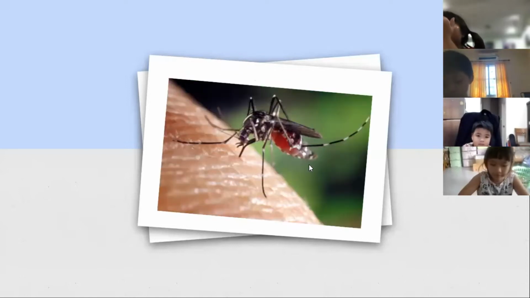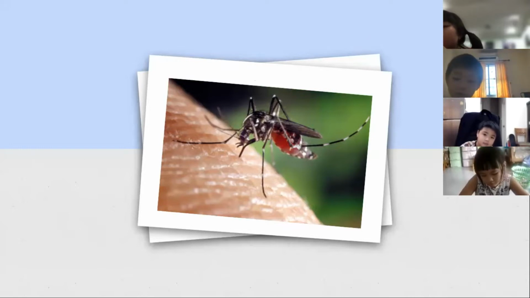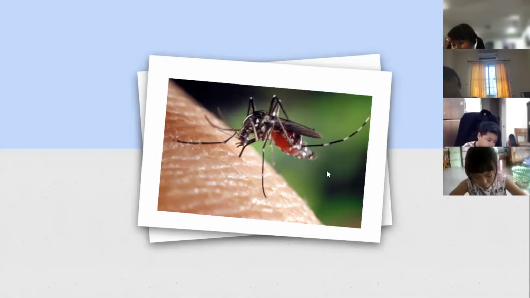What is this? Mosquito. Where does the mosquito live? Water. The mosquito is everywhere. Now listen. The mosquito likes to live where there is water, especially if it is stagnant water.